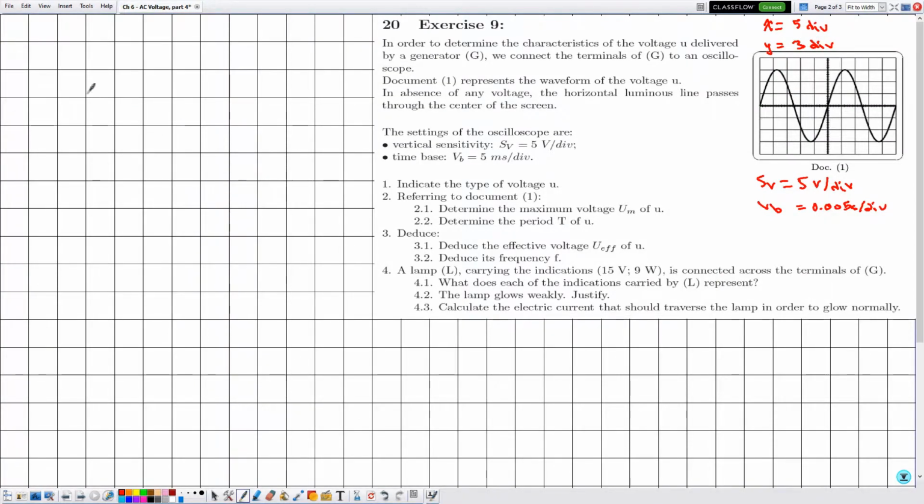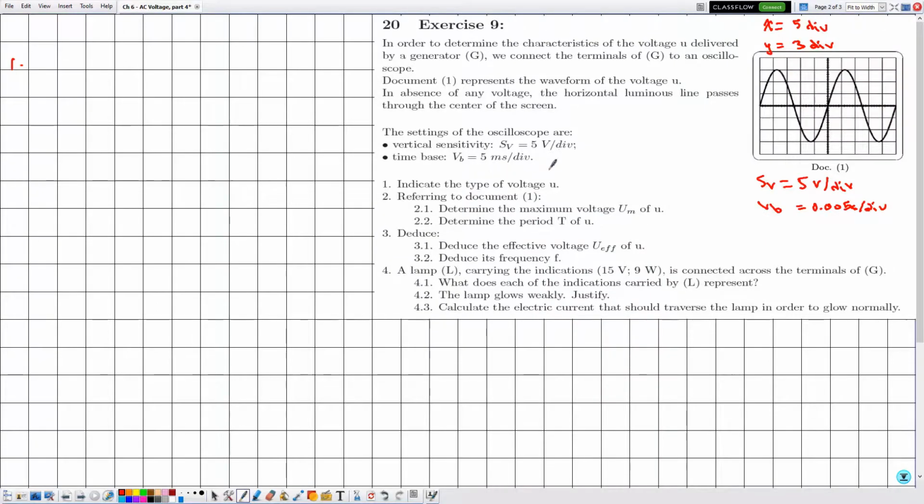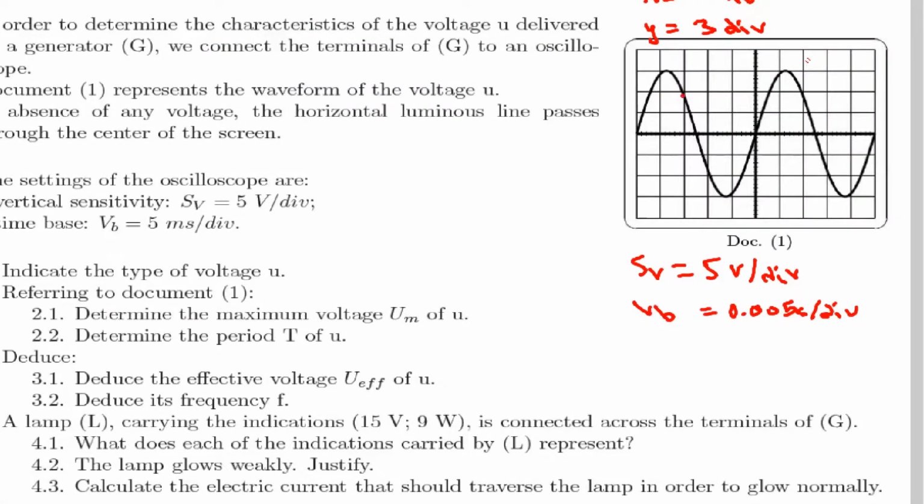And now we are ready to solve the exercise. They are telling me indicate the type of the voltage U, and indicate means that we need to state with a justification. So notice that it is varying with respect to time.